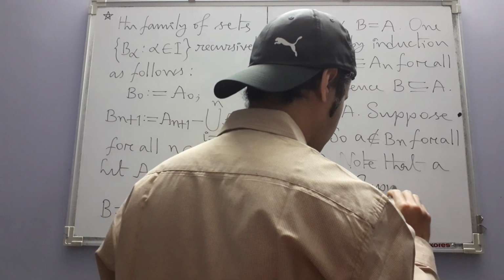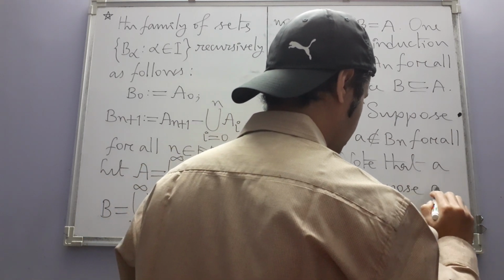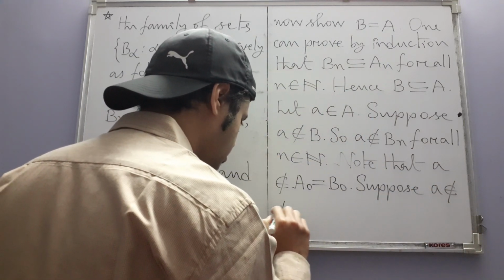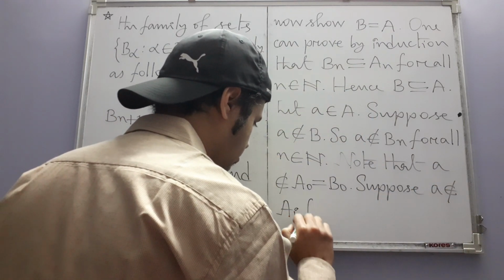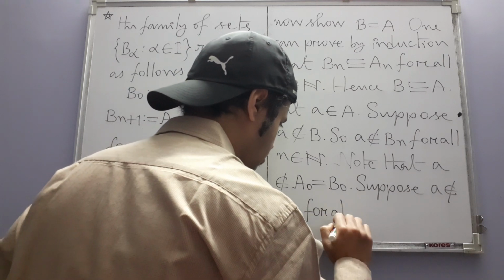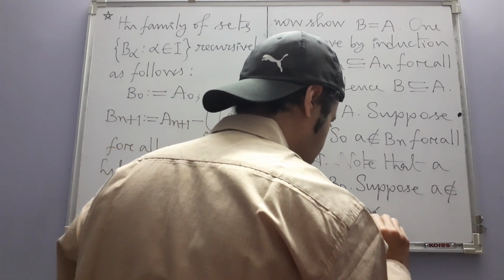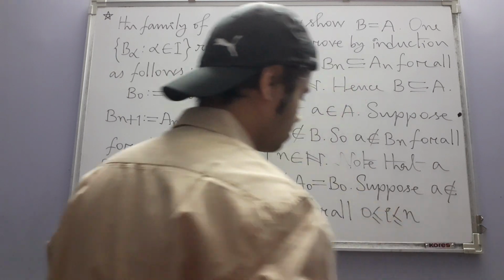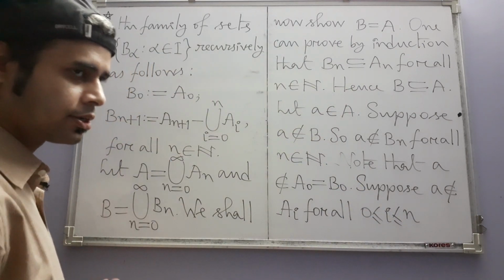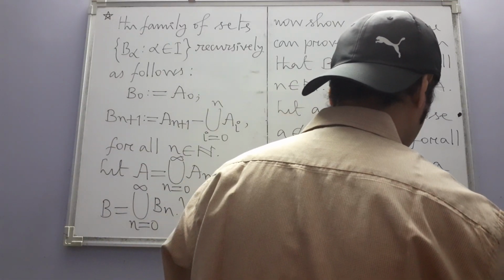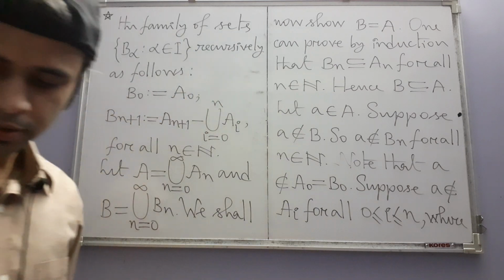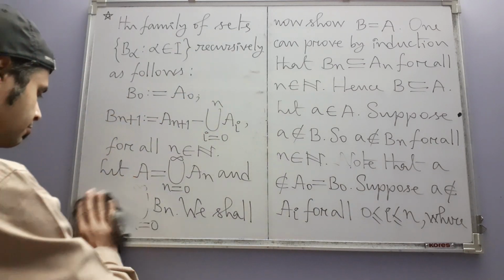Suppose that a is not in Ai for all natural numbers i less than or equal to n, where n is some natural number.